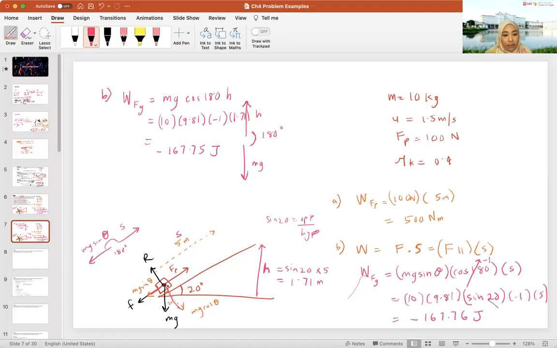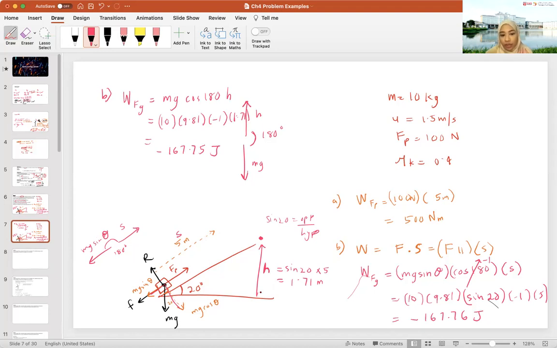Why? Because basically this is the end point. To get to this end point, either you go by 5 meter or you go by a height of 1.71. And the only thing that work cares about is the force that is parallel to the motion, or the displacement. Work only cares about the force that is parallel to the displacement.